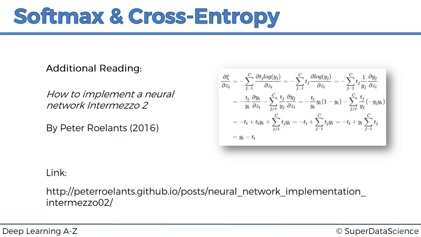And that's why it's called intermezzo. No other reason, as far as I understand. The article is by Peter Rowlands, 2016 as well. So both are quite recent. And check out this one if you would like to dig into the mathematics behind the softmax and cross entropy.